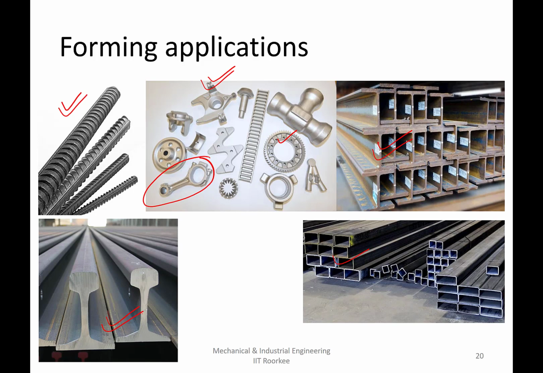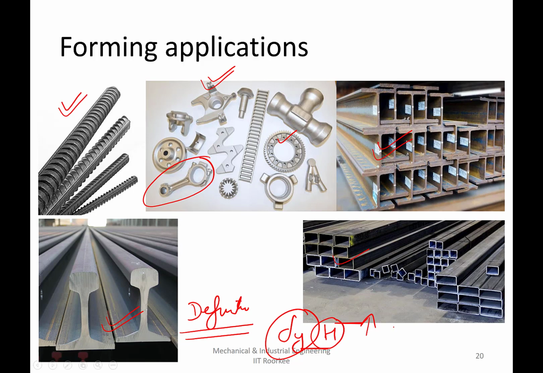The advantage of making these products using the deformation based approach is that your yield strength and hardness both increase, so the material's load carrying capacity improves. For the same metal it can take a higher load, so its ability to take up load is enhanced.